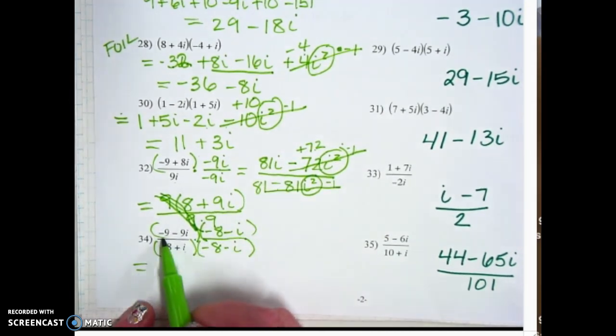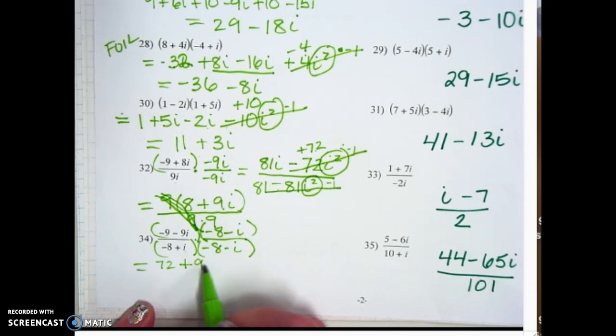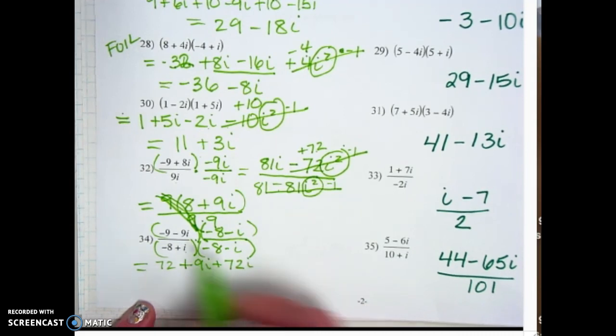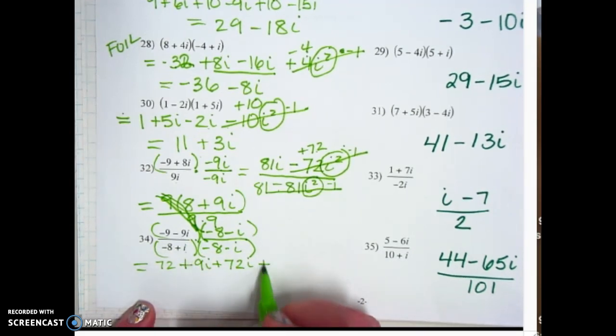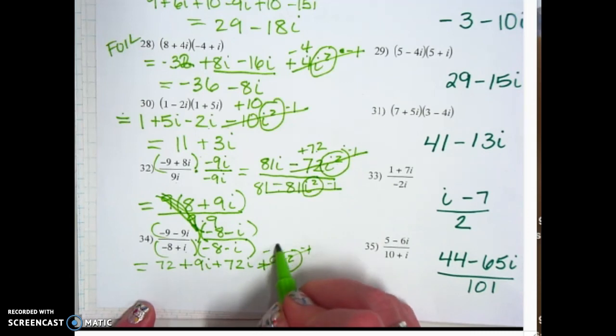Okay, so first, in the numerator, negative 9 times negative 8 is 72. Outside is positive 9i. Inside is positive 72i. And last is plus 9i squared. i squared, we know it's negative 1, so negative 1 times 9 is negative 9.